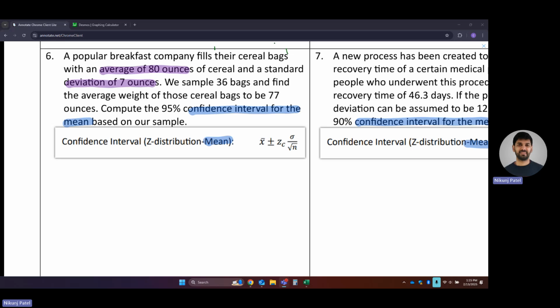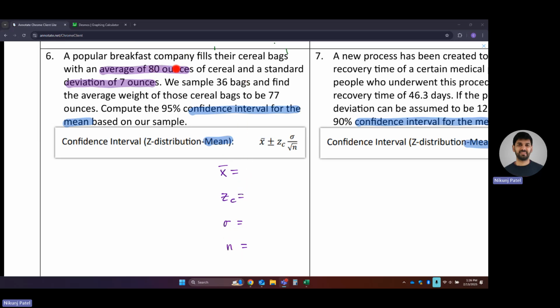That first number, when it says an average, has to do with either the population average or the sample average. So we'll want to make sure that we navigate through the problem based off of what's in this formula right here. Listing all of those out, X bar, Z critical, standard deviation, and N, we'll need to make sure that we identify those 4 accurately.